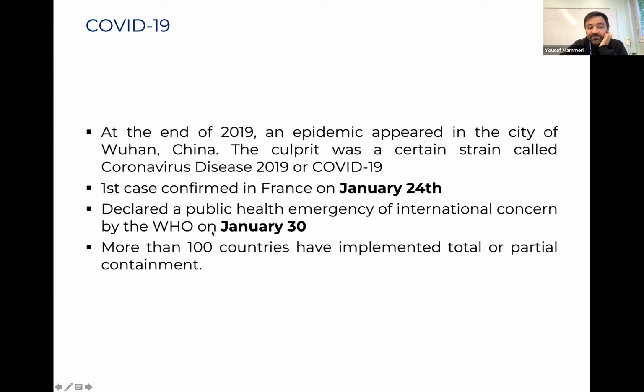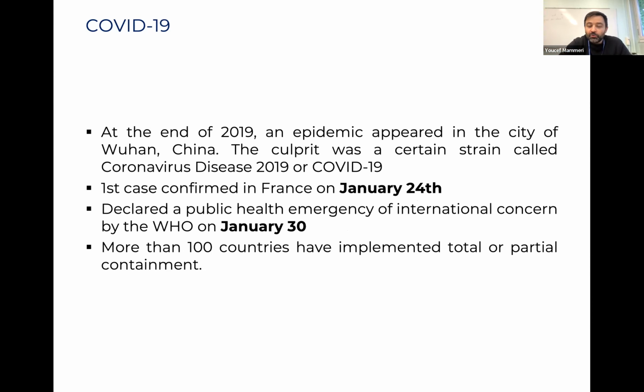And the World Health Organization declared the emergency only on January 30. But if you look in the literature, there were already some scientific papers in 2019, mainly in China, who were trying to model this new epidemic.